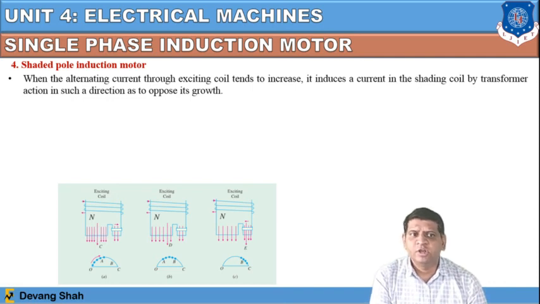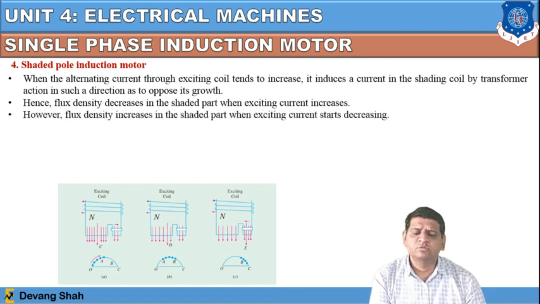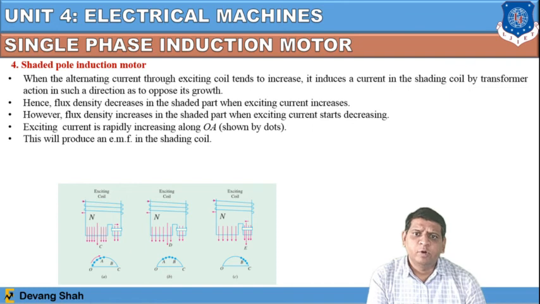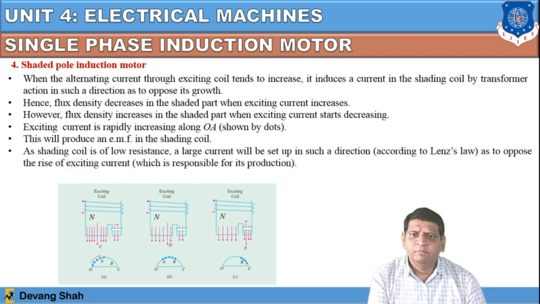Further, when the alternating current exciting this coil tends to increase, it induces current in the shading coil by transformer action, in such a direction as to oppose the growth. This is the same terminology as producing EMF in the shading pole, and in this way the shading pole offers a low resistance. So there is a shifting of flux from the non-shaded part to the shaded part, and by that way the rotor follows the speed of the rotating magnetic field.